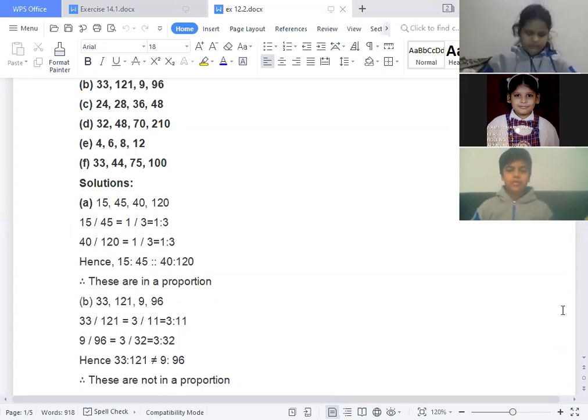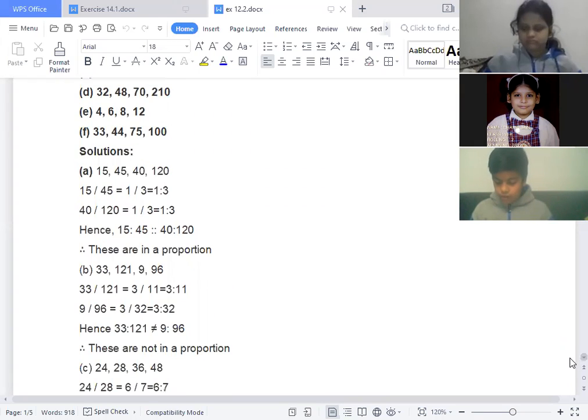Yes, ma'am. So, ma'am, C part: 24, 28, 36, 48. So, ma'am, first we will divide it. 24 divided by 28. Ma'am, as we know, 4 6s are 24 and 4 7s are 28. Absolutely right. The answer will be ratio 6/7.